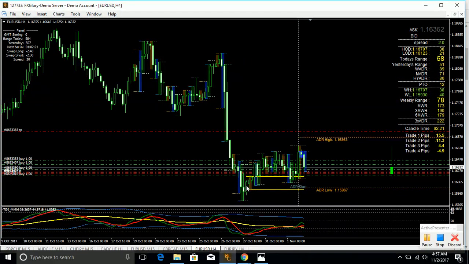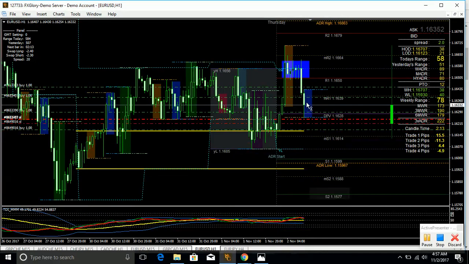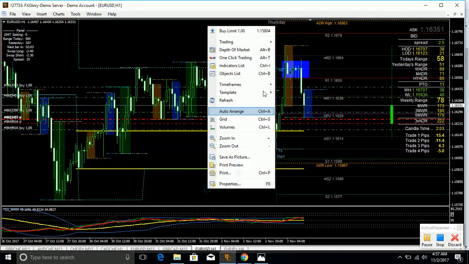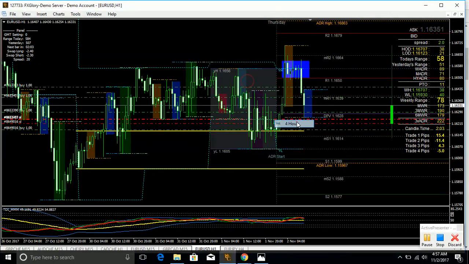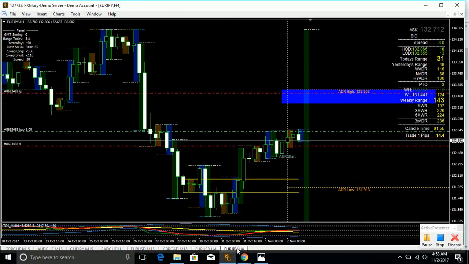You have a whole 4-hour candle left, which should bring us back up in here. This particular 4-hour candle closes in 1 hour. It closes at 6 a.m. Eastern. Same with this.